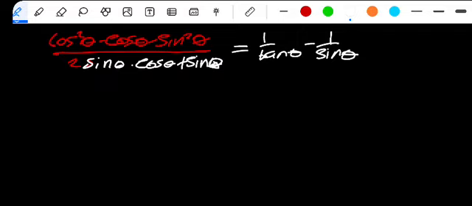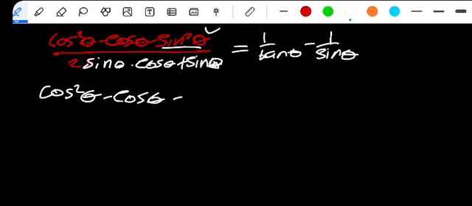So let us prove it here. On the top, in our numerator, I have cos squared theta minus cos theta minus sine squared theta.